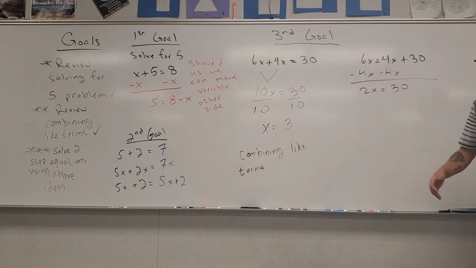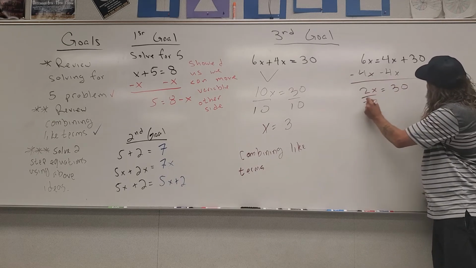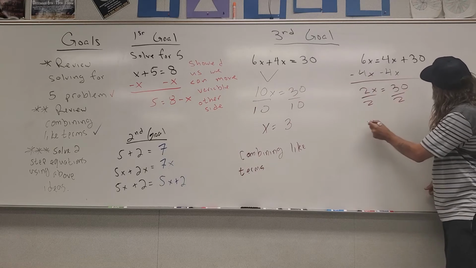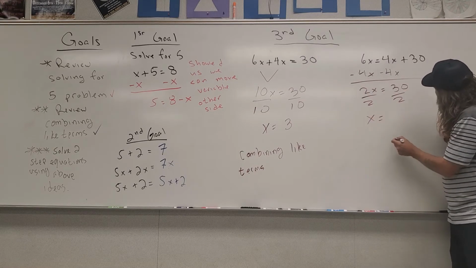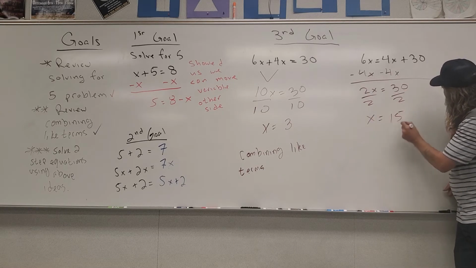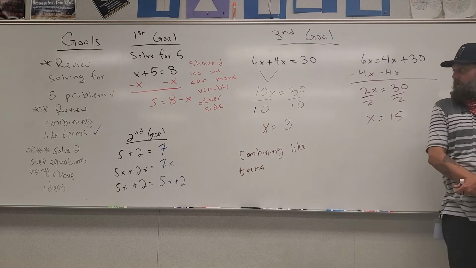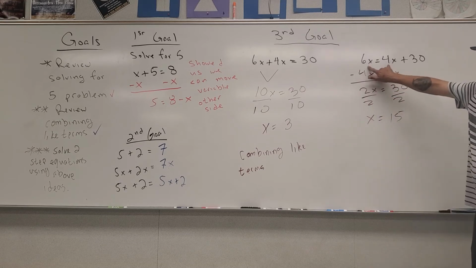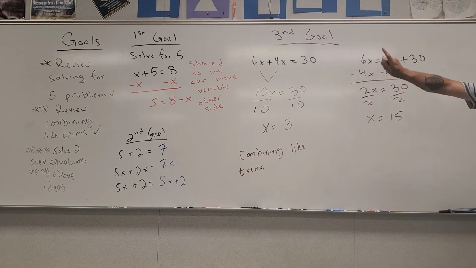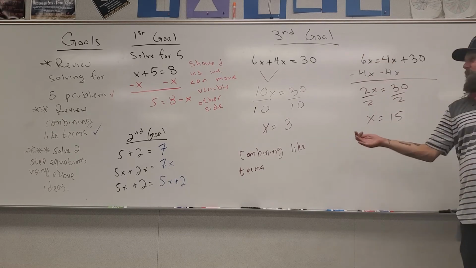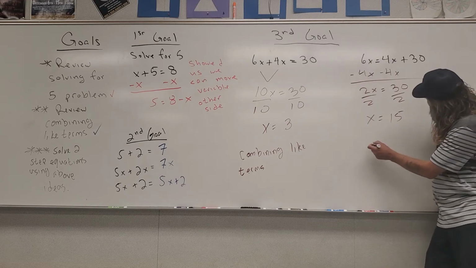And again, we're going to divide out the number attached to the variable, and here our x is going to be equal to 15. So this type of problem, you have to recognize that the variables are on both sides, and we have to use our first goal and move the variable to the other side.